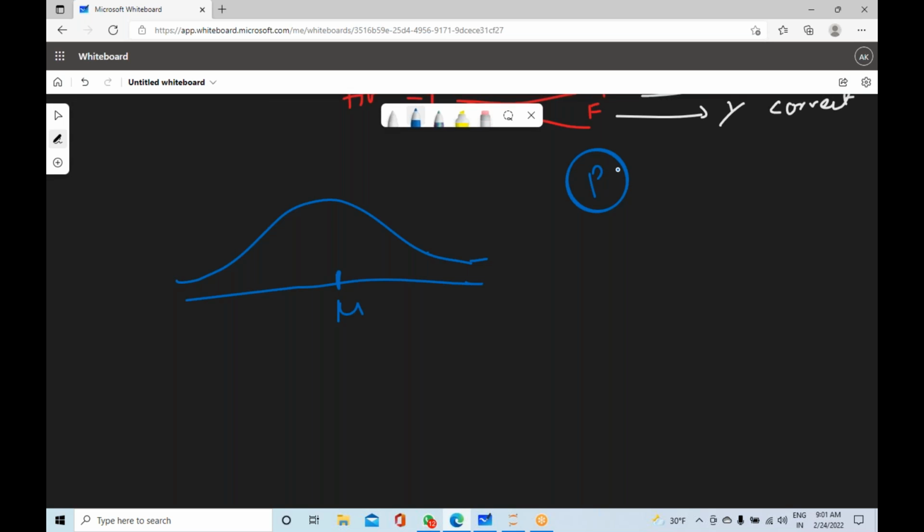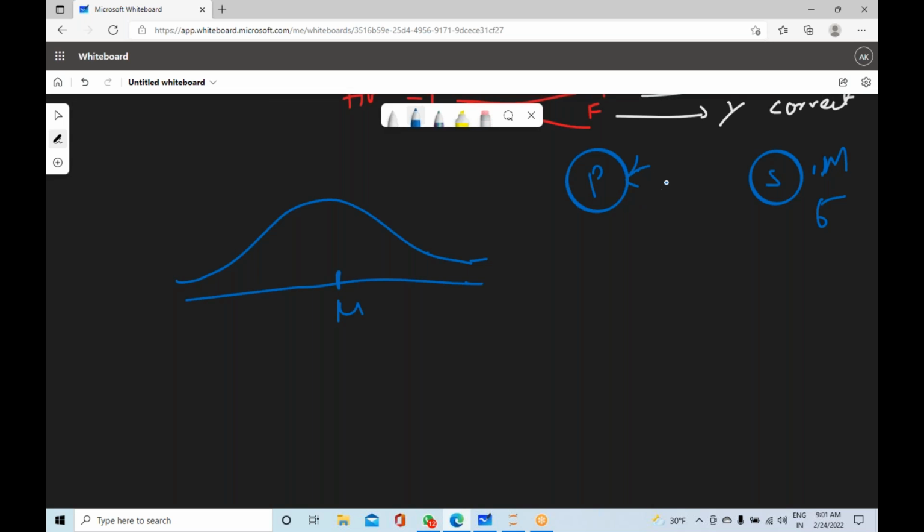You don't know any information about the population. You have the sample, and you know the mean and standard deviation of the sample. But we would like to estimate the population.